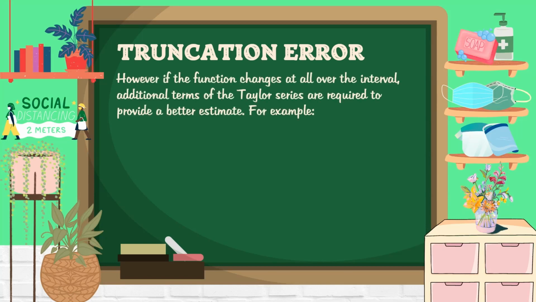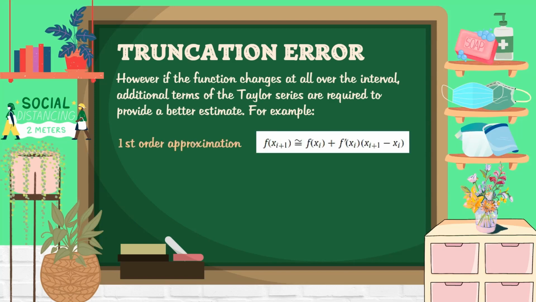However, if the function changes at all over the interval, additional terms of the Taylor series are required to provide a better estimate. For example, the first order approximation is developed by adding another term to yield f(x_{i+1}) is approximately equal to f(x_i) plus f'(x_i) multiplied by (x_{i+1} minus x_i).